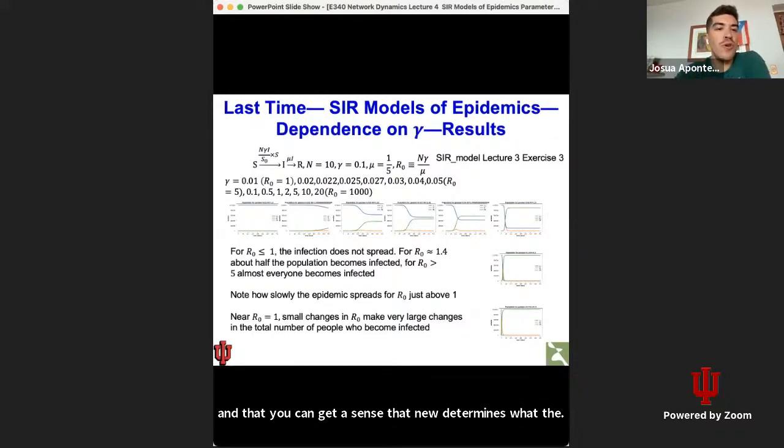So we also looked at the dependency of the dynamics of the epidemic based on gamma. And again, just as a reminder, gamma is the probability that an infectious event will happen per encounter.